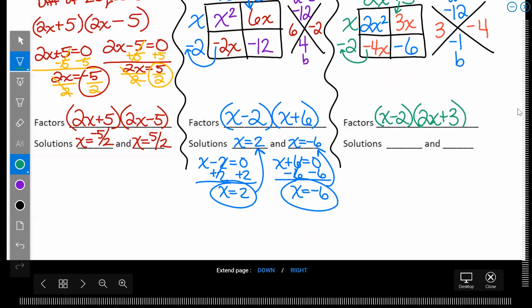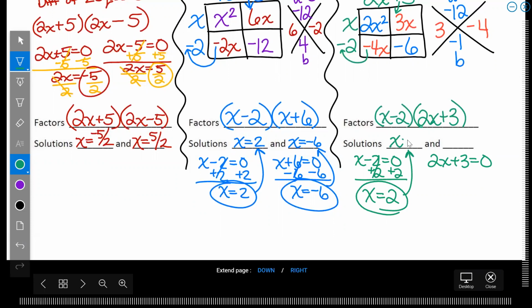All right. Let's find our solutions now by setting them equal to 0. One of them I get is a positive 2. And the other one, I have to subtract 3 from both sides first.